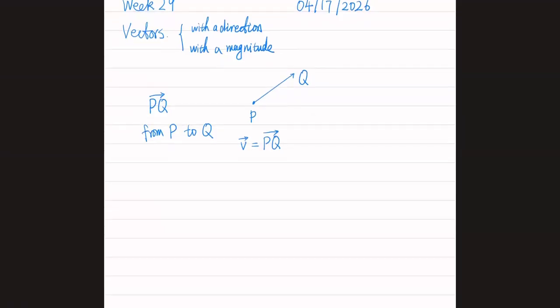In our coordinate plane, we have the coordinates. If P has the point as coordinates A and B, Q with coordinates C and D, then the vector also has a coordinate representation.